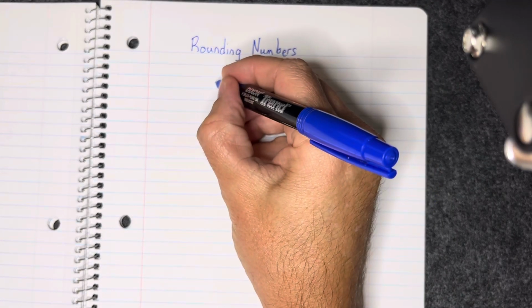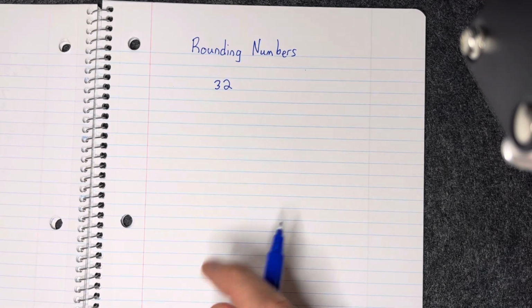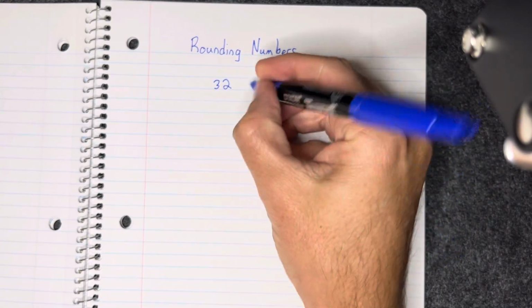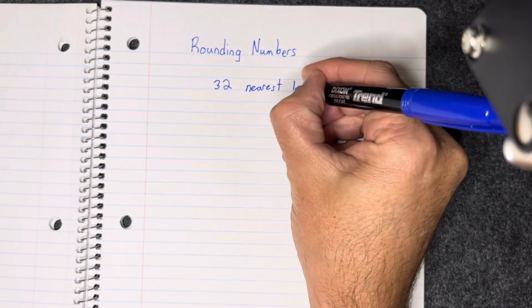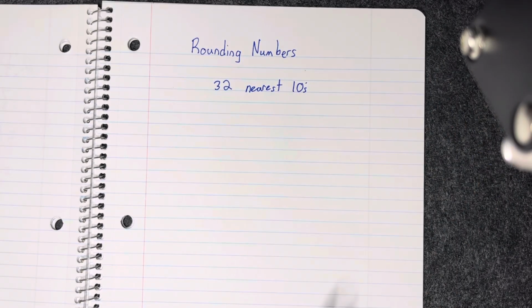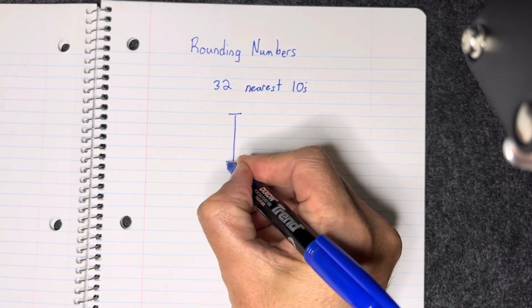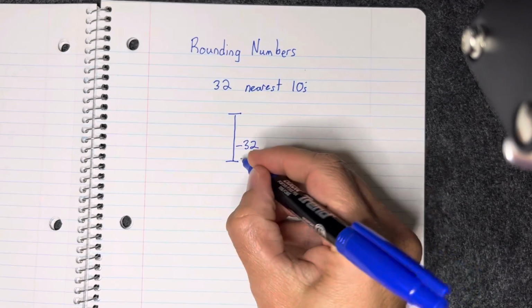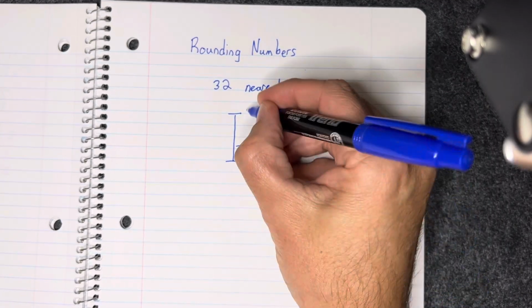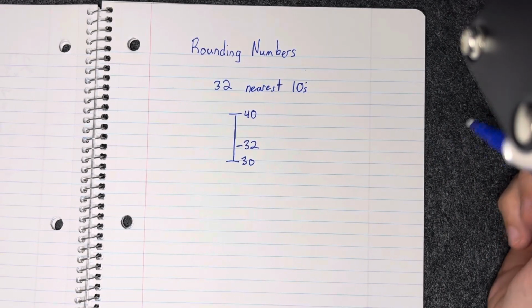Today we're going to look at rounding numbers. So if we have, for instance, the number 32, and we want to round it to the nearest tens. Okay, so we're going to look at the possibilities here. If we have 32 on a number line, the nearest tens are 30 and 40.